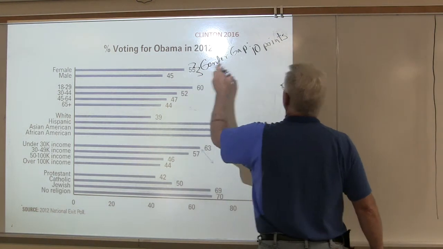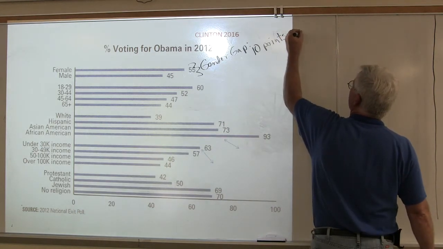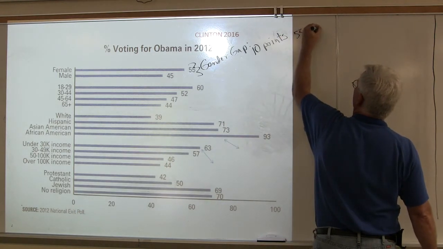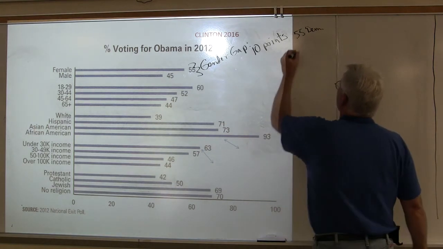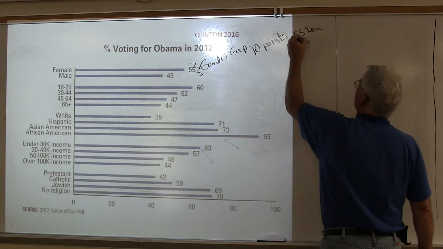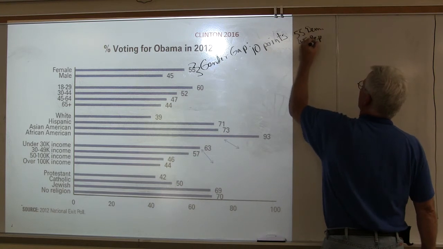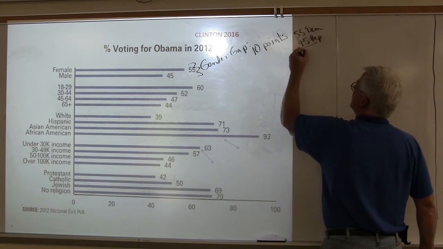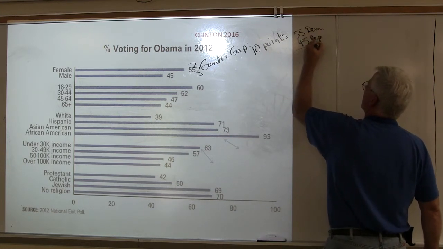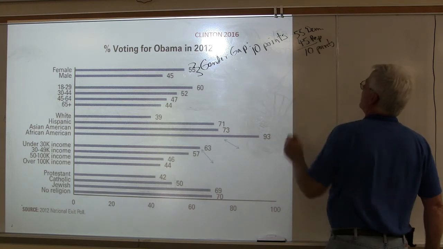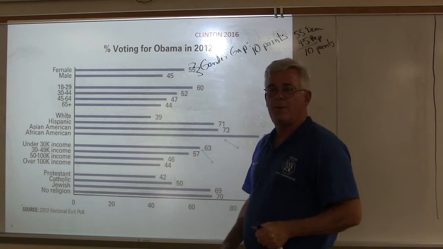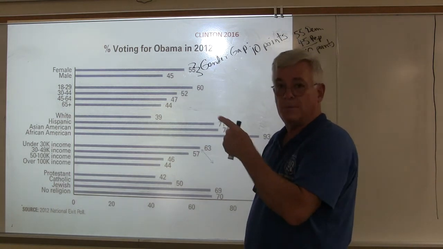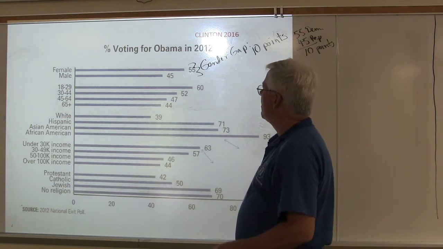Okay, if women voted 55 Democrat, that means that they voted how much Republican? That means that they voted 45% Republican. And the point spread is 10 points. All right, so in 2012, the gender gap was 10 points.